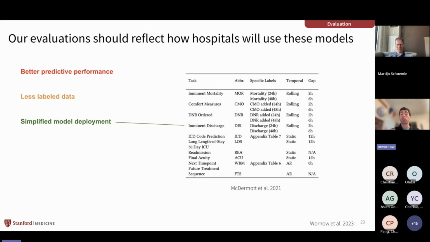So if we could just deploy 1 model and then hit that same single model for every downstream task we care about, that dramatically simplifies the logistics of getting machine learning into the clinic.